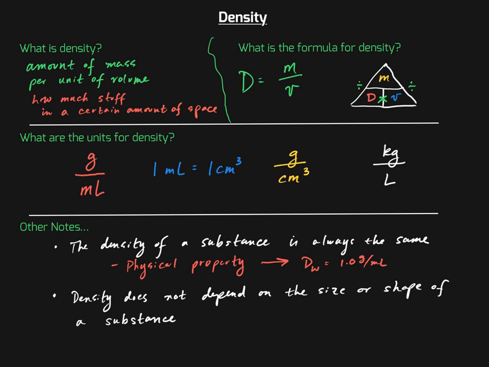So ice has a very specific density. And no matter the size or the shape, that density is always going to be the same because we can relate back then to this note. Okay, the substance is always going to be the same. And because of that, size or shape of a substance does not affect density.